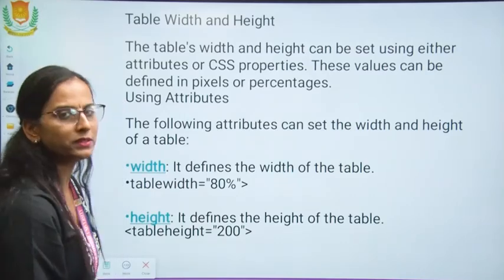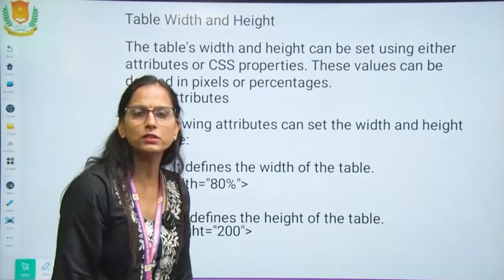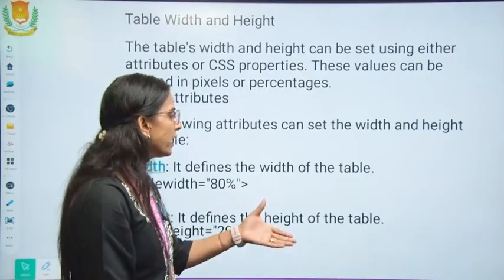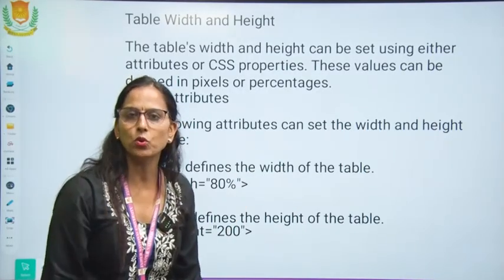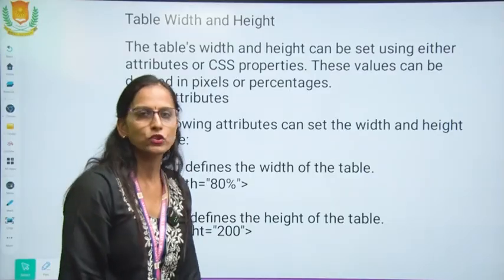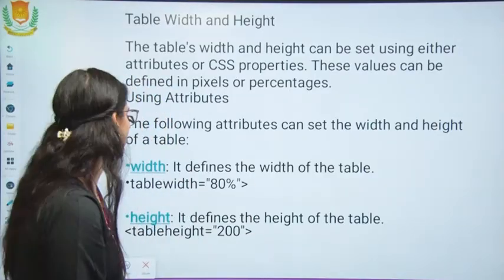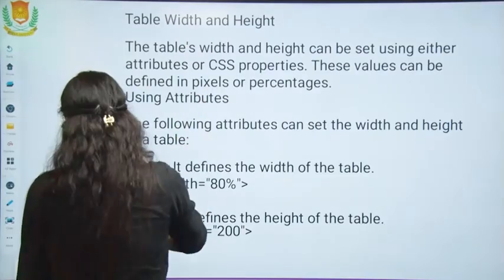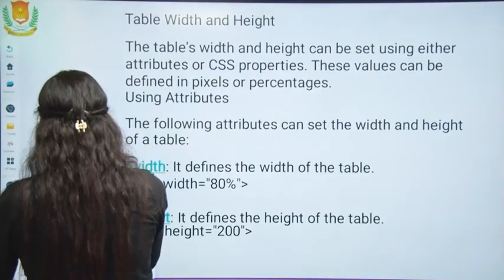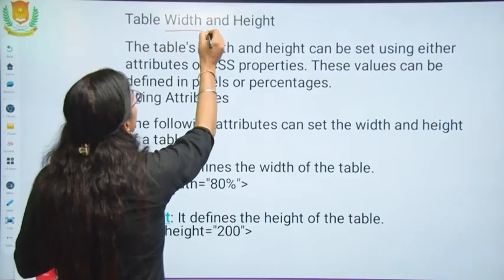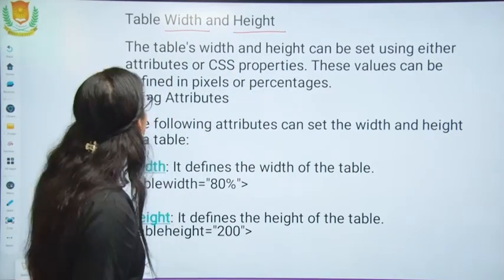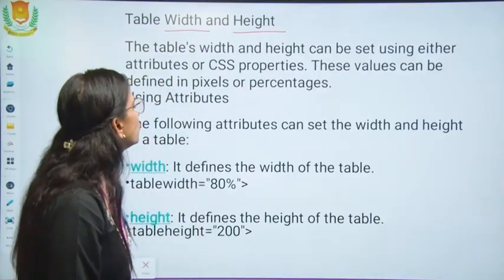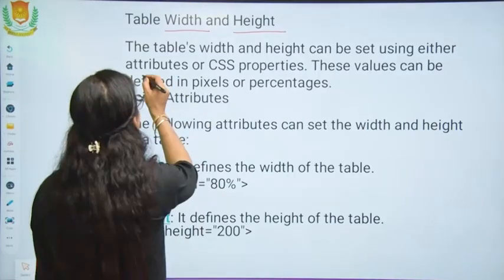Now, table width and height. You can increase or decrease the height and width of the table, depending on how much area of the screen you need to cover along with the text. So, you can specify it with the help of the height and width attributes. The table width and height can be set using either attributes or CSS properties.